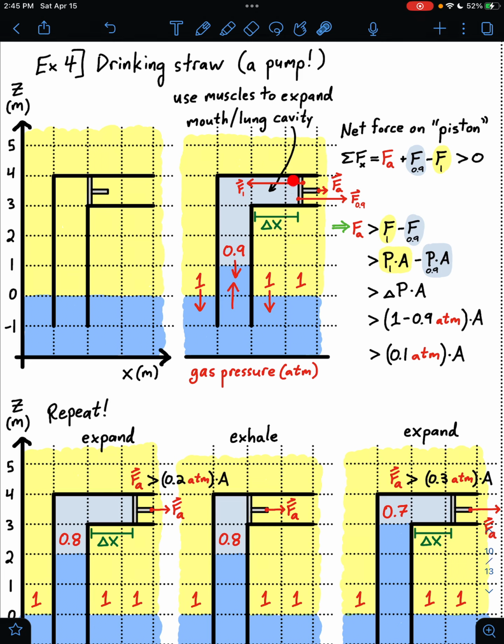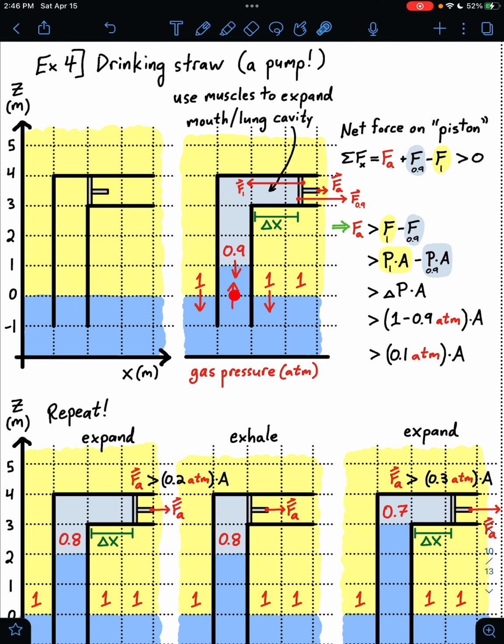which might be somewhere inside your respiratory system, inside your trachea or your mouth, some relevant cross-sectional area inside there. So in this picture, if we've got a pressure difference of 0.1 atmospheres inside and outside, that 0.1 atm times the cross-sectional area inside your respiratory tract is how much force your muscles are going to have to apply in order to successfully expand your chest enough to raise water up 1 meter in a straw.